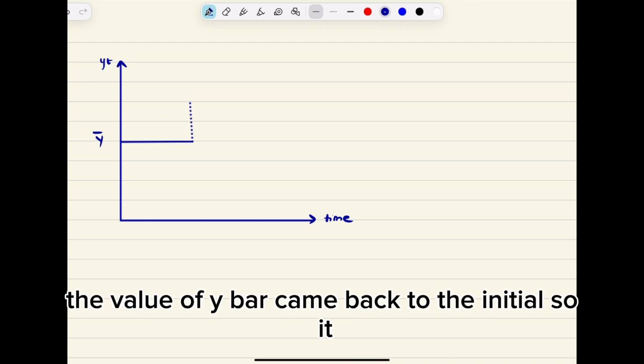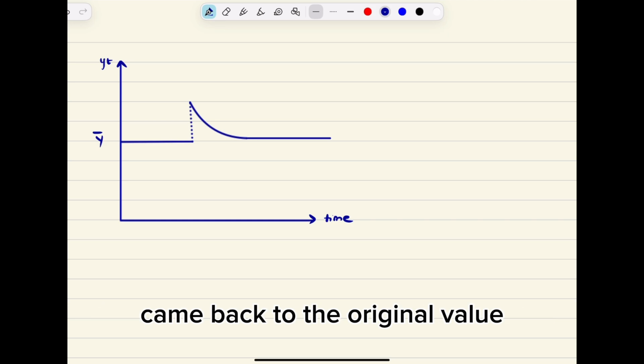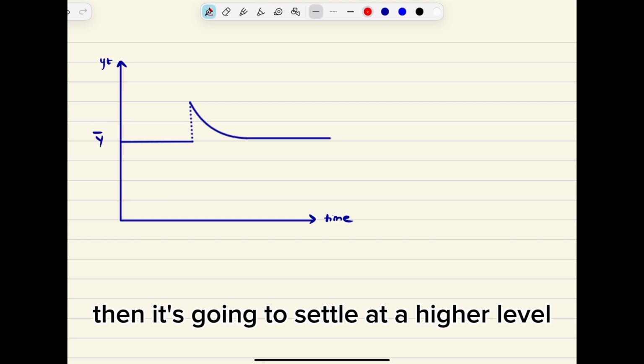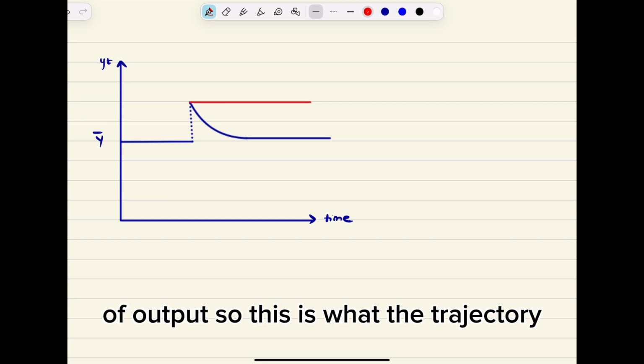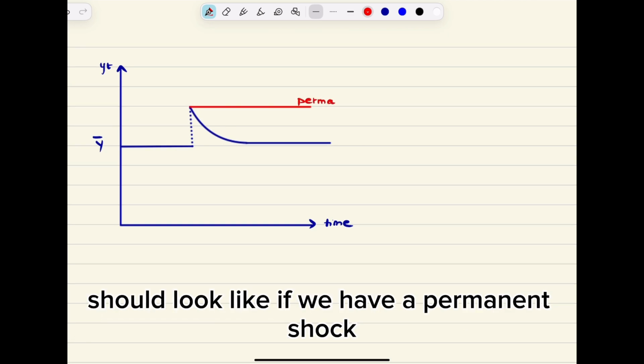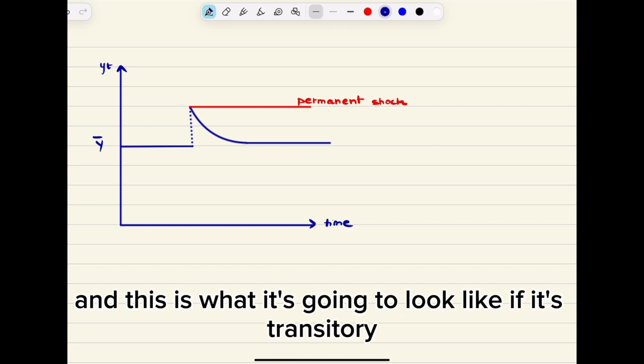The value of y bar came back to the initial, so it dropped down over time and came back to the original value. However, if the shock was permanent, then it's going to settle at a higher level of output. So this is what the trajectory should look like if we have a permanent shock, and this is what it's going to look like if it's transitory.